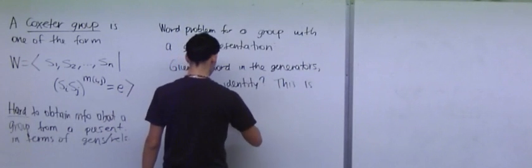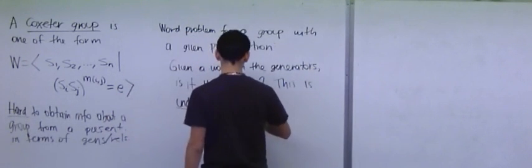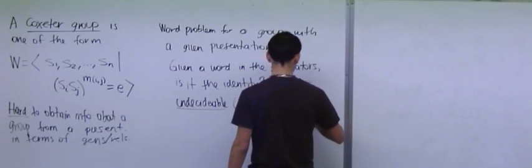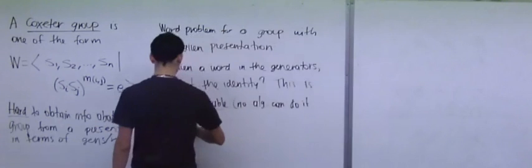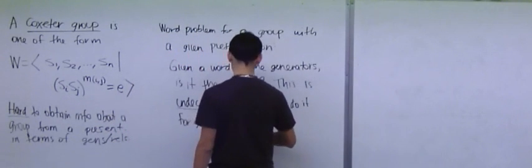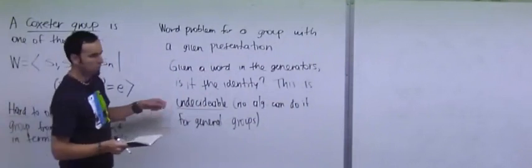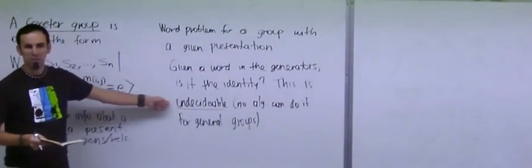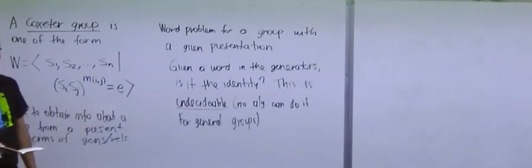Undecidable, meaning that no algorithm can do it for general groups. I don't want to go into technicalities. If you want to know exactly what this means, you should go ask Wikipedia what undecidable means. But the point is that no algorithm can solve this question in general.